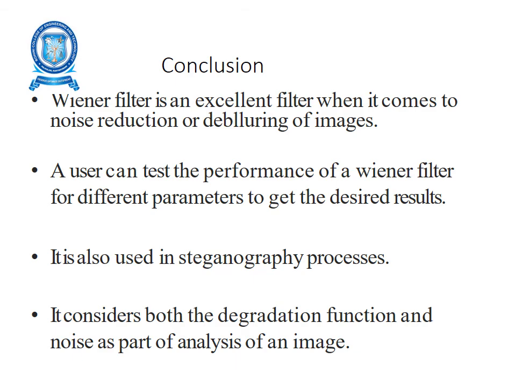One good application of the Wiener filter is steganography processes. If they ask you for the best application for steganography, you have to choose this filter called the Wiener filter. Next, it considers both the degradation function and the noise as part of the analysis of an image.